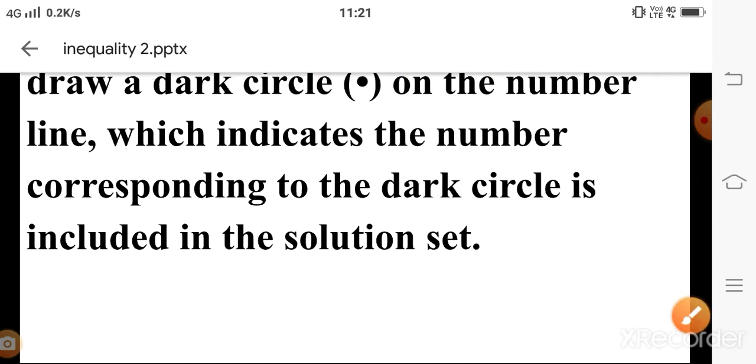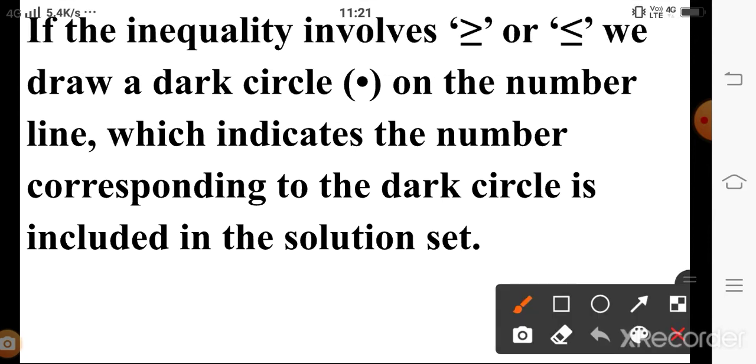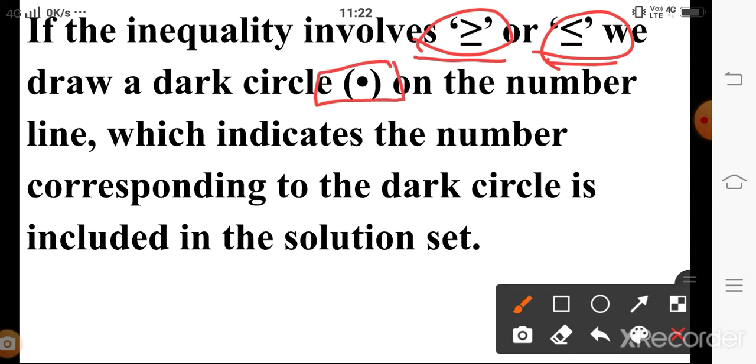And if the inequality is less than equal to or greater than equal to, where we get the equal to sign, then we draw a dark circle on the number line.